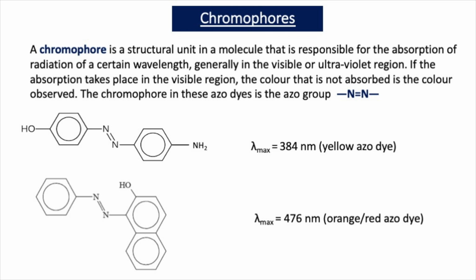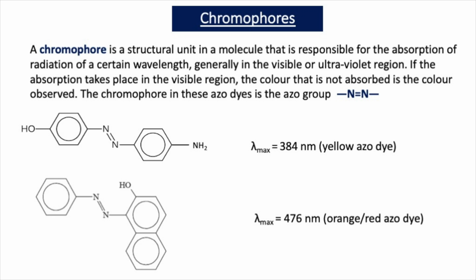Now azo dyes are coloured compounds because they contain a chromophore. Now a chromophore is a structural unit in a molecule that is responsible for the absorption of radiation of a certain wavelength, generally in the visible or ultraviolet region. Now if the absorption takes place in the visible region, the colour that's not absorbed is the colour observed.